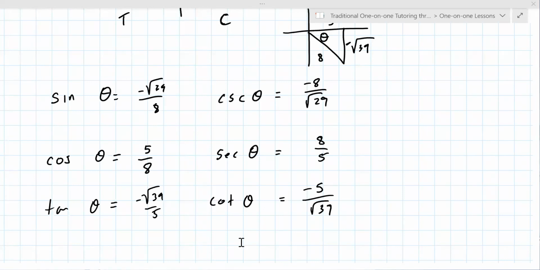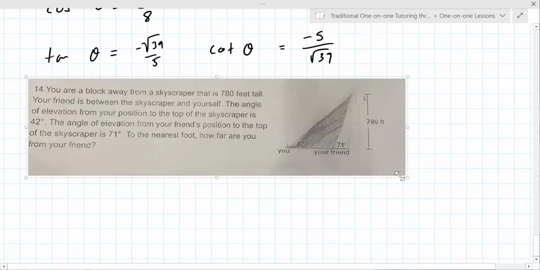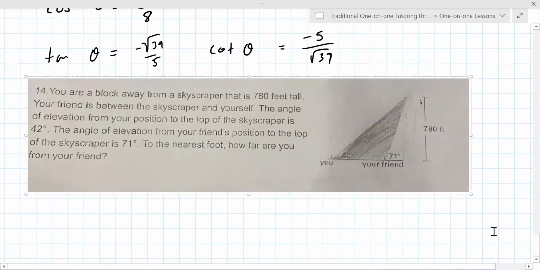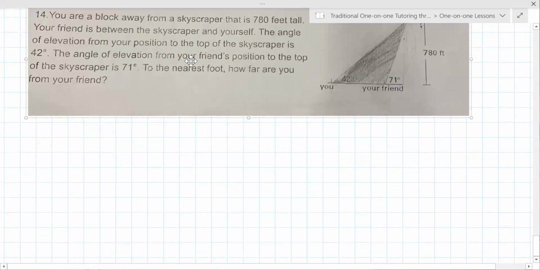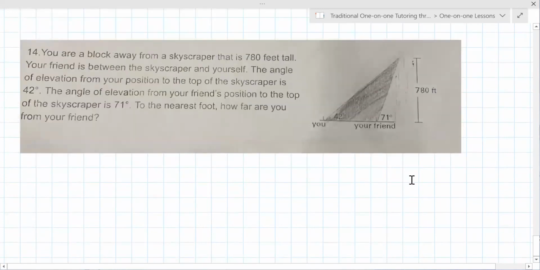All right, I'm back here. So question 14, looks like they gave you a picture, which is always nice when they do that. All right, you are a block away from a skyscraper that is 780 feet tall.